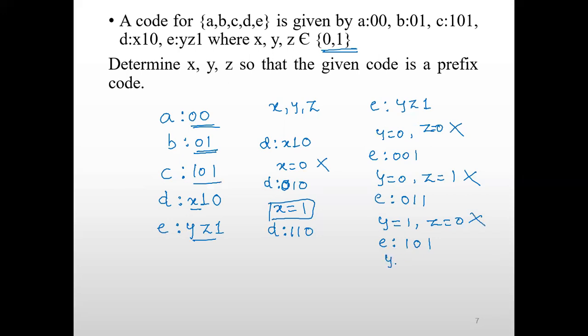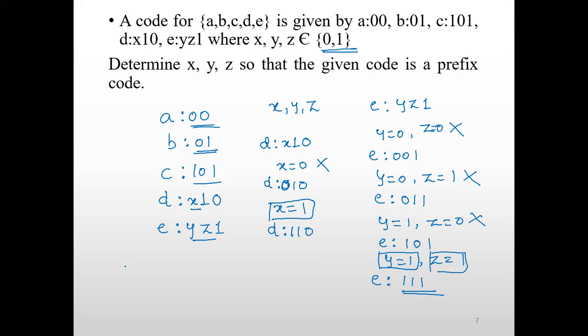Next, we have Y equal to 1 and Z equal to 1. Then E becomes 111, and if we observe, none of the given sequences is a prefix of this E. Hence, we can consider Y equal to 1 and Z equal to 1.